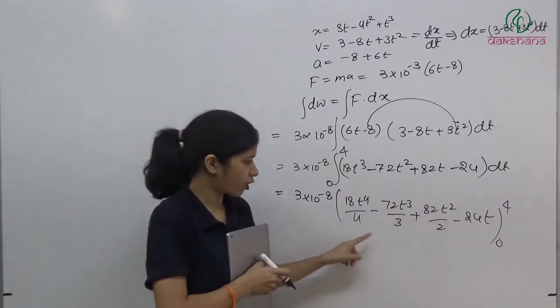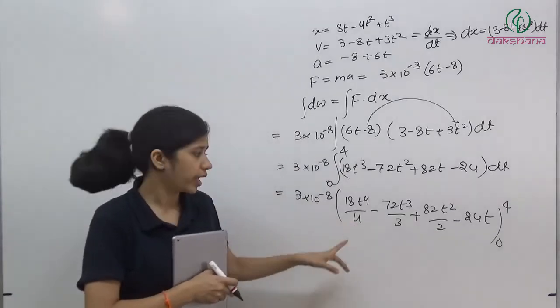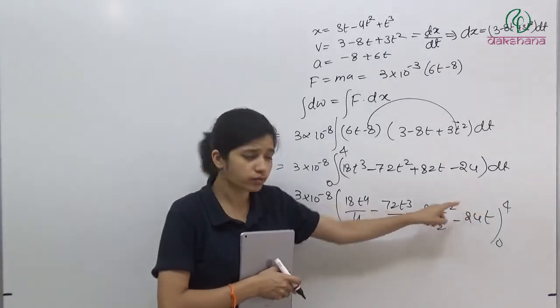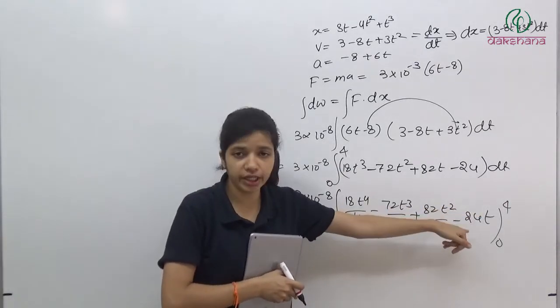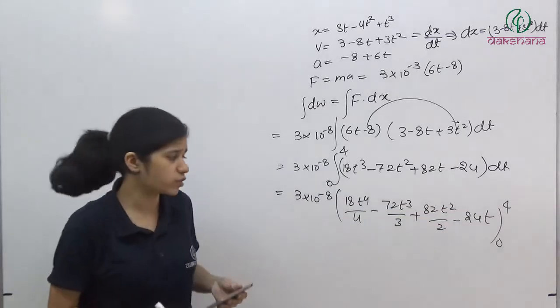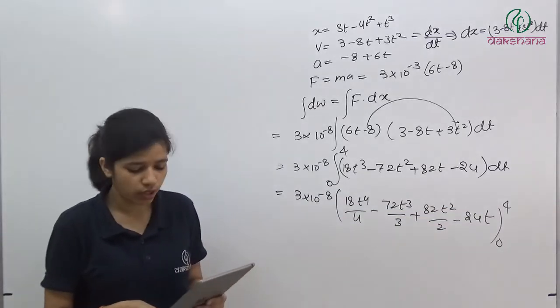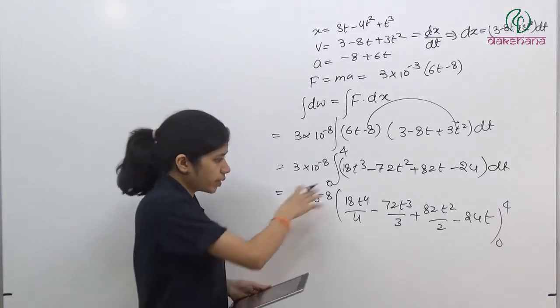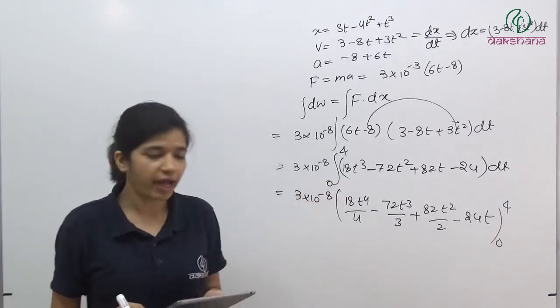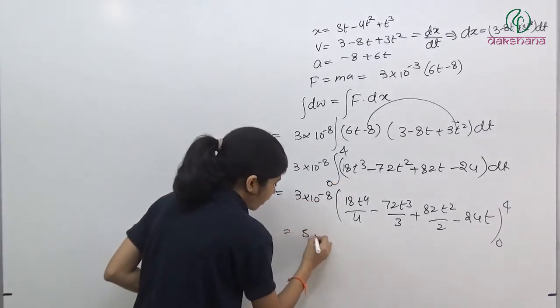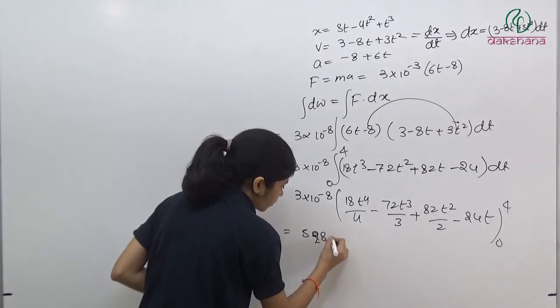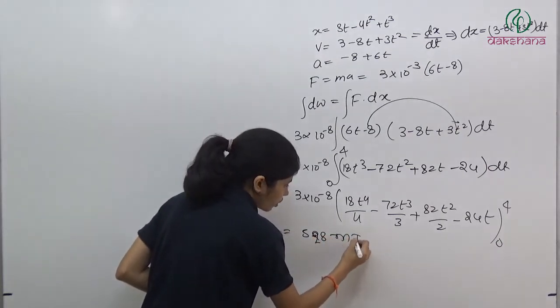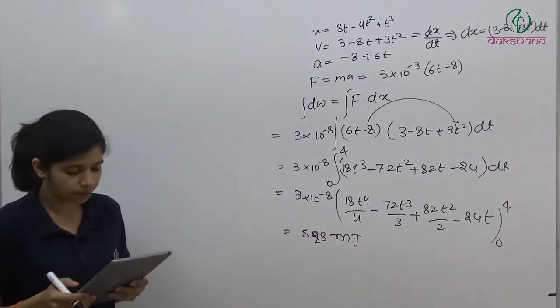Just cancel whatever factors are getting cancelled and then put the value 4 for t, and then you will get the answer. This much calculation you must do. Clear? When you multiply all of this, the answer will be 528 millijoule. Okay, this will be the answer.